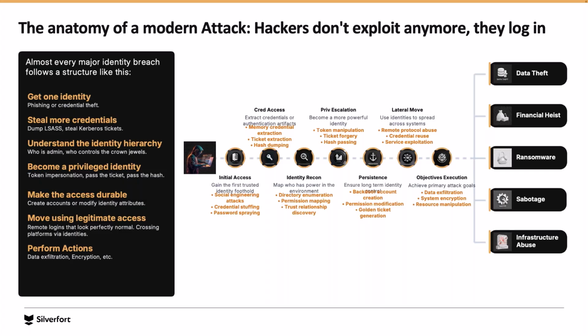You're logging into other accounts and other assets in order to execute on your objectives, to exfiltrate data, to encrypt, to run ransomware attacks and others. So by the end of the day, that flow that you're seeing right now on the screen is the anatomy of a modern attack. This is how it looks.